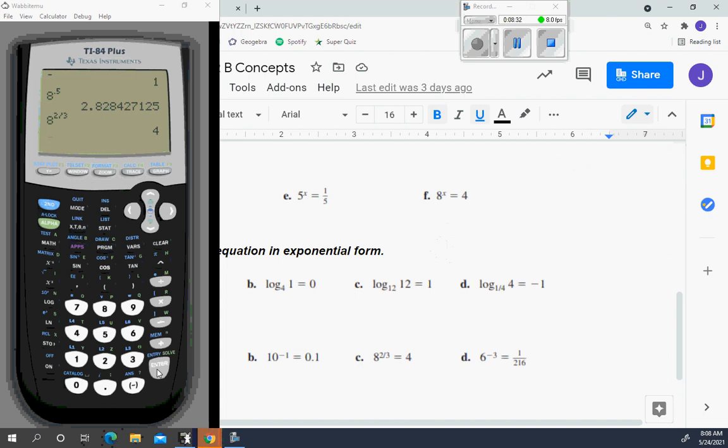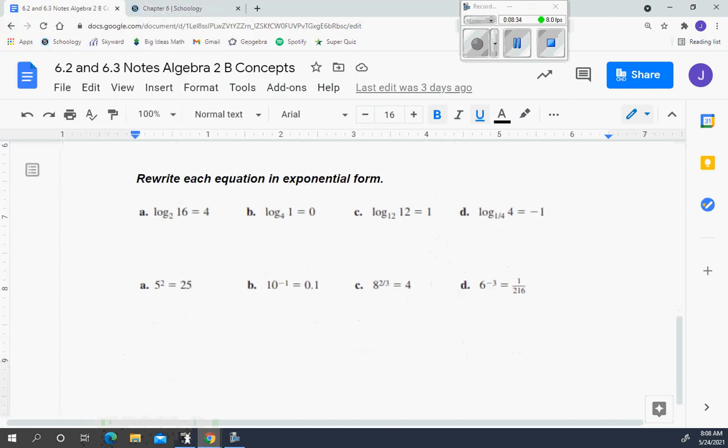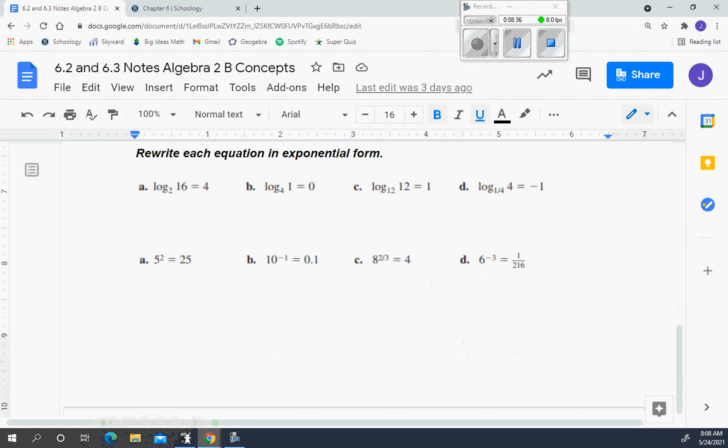Alright, moving on. Last couple here. Rewrite this equation in exponential form. Oh, okay. So remember, these numbers were on my left side. Well, actually, this is where I follow the flow of the log. 2 to the 4 equals 16. 4 to the 0 equals 1.